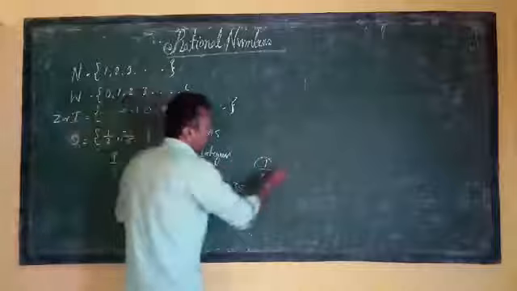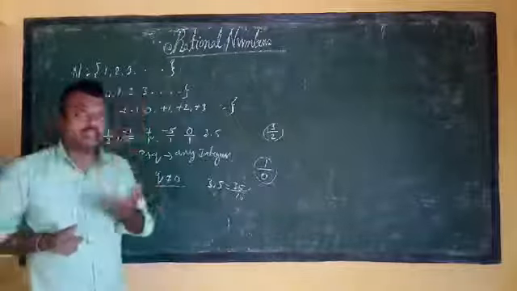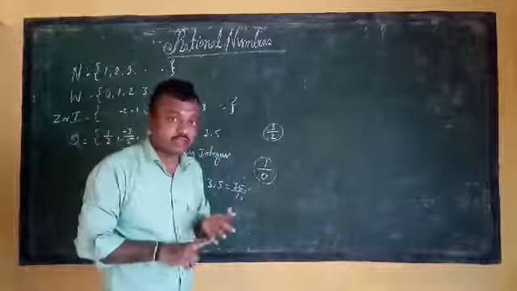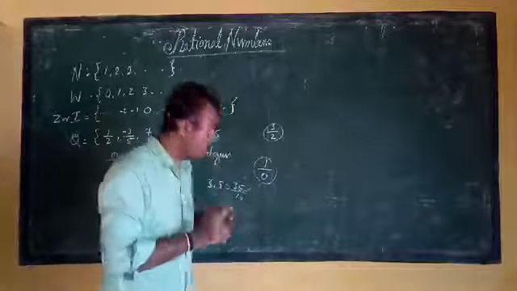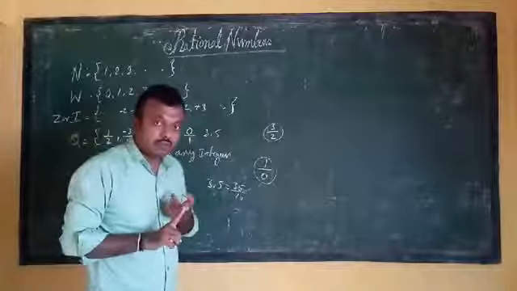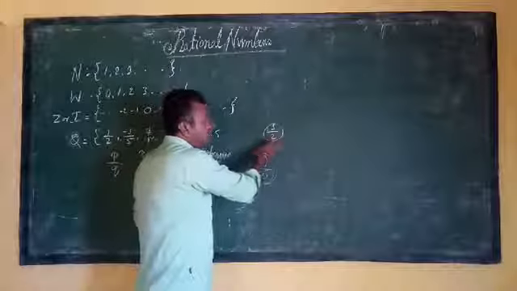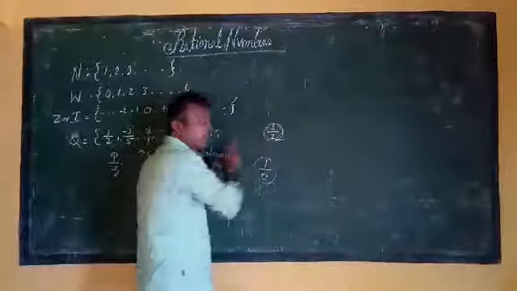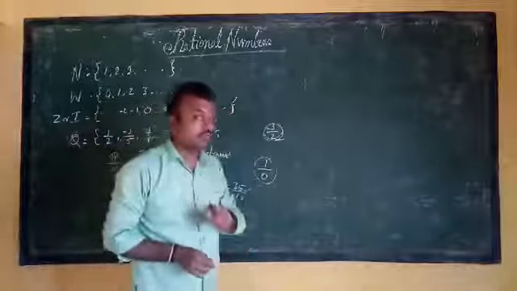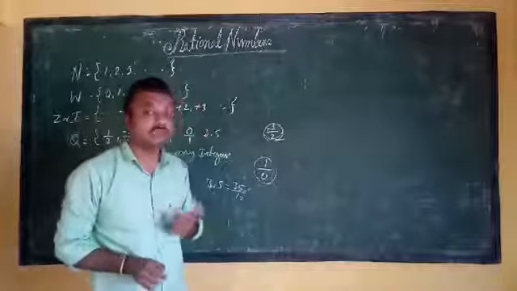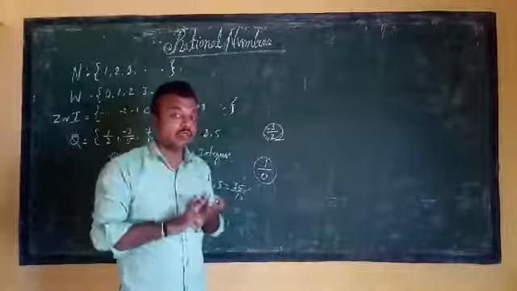Next, students, 3 by 2. We learned in the 5th, 6th or 7th standard about fractions. Correct? So fractions and rational numbers, are they the same? No, there is a little difference. 3 by 2 is a fraction, but it is also a rational number. See, minus 3 by 2 is only a rational number, not a fraction, because a fraction always has a positive sign, but rational numbers are not like that.